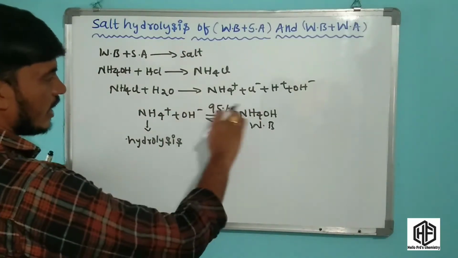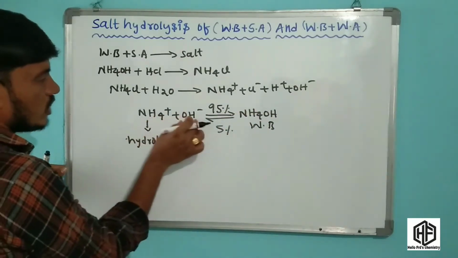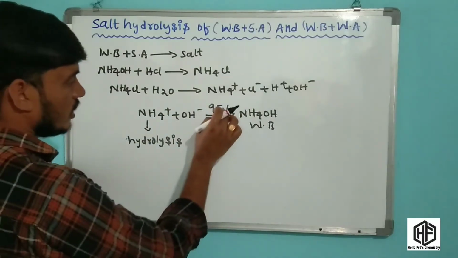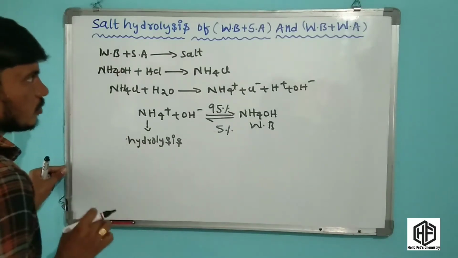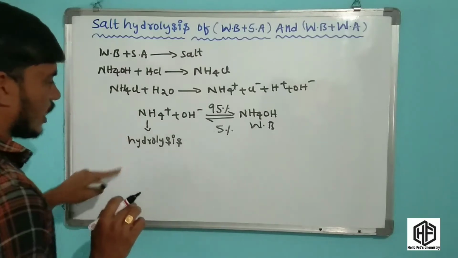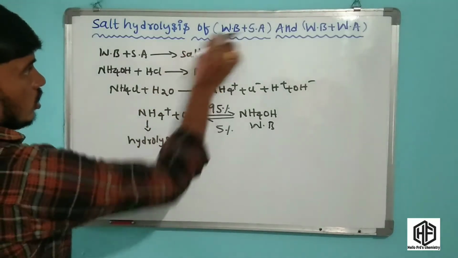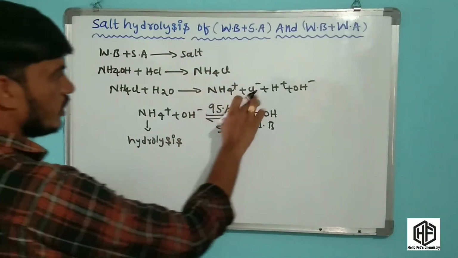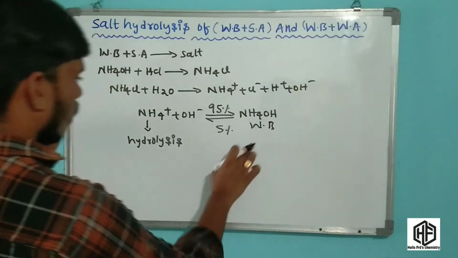This direction is favored, about 95%, because NH4 plus and OH minus give NH4OH. This is the basic concept of salt hydrolysis, which I already explained briefly in my previous class. This is the salt hydrolysis of weak base plus strong acid. The H plus and Cl minus cannot undergo hydrolysis. This is clear, friends.